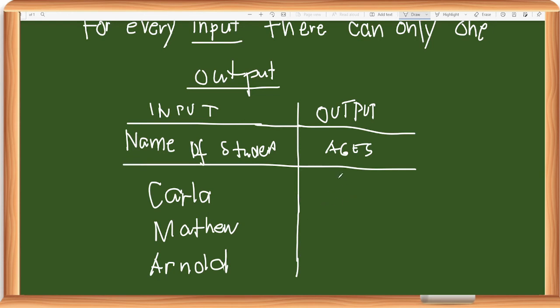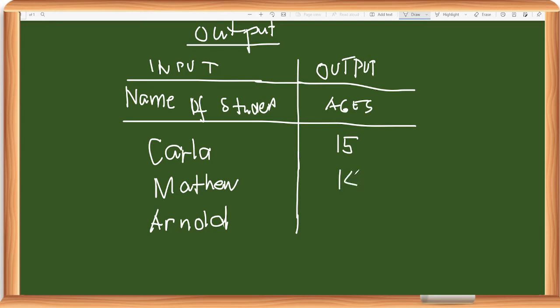Carla is 15 years old, Matthew is 14, and Arnold is 15.